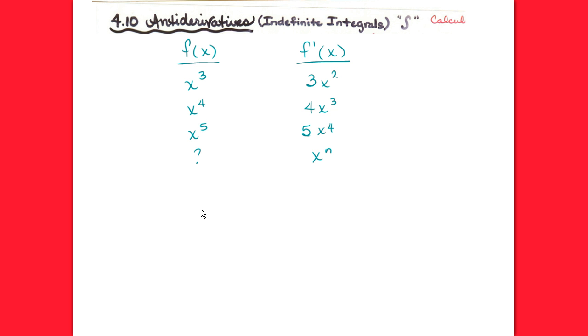They undo each other. But they formally tell me that here in section 410, an antiderivative is an indefinite integral. An anti, like the opposite of, the undoing of. So the undoing of a derivative, an antiderivative, is going to be an indefinite integral.